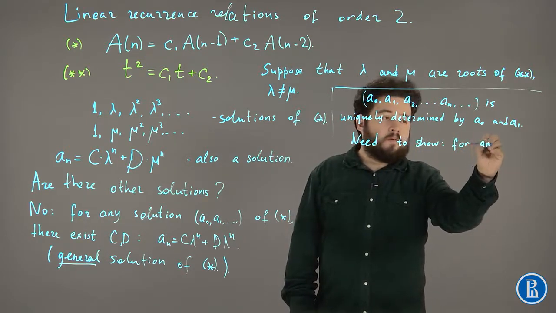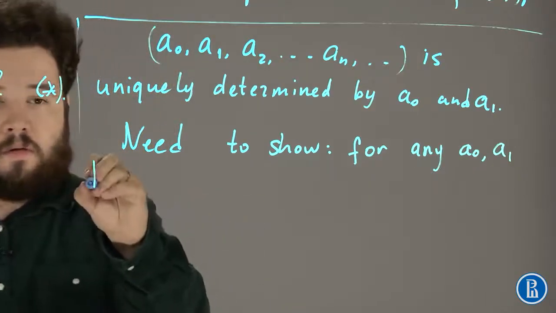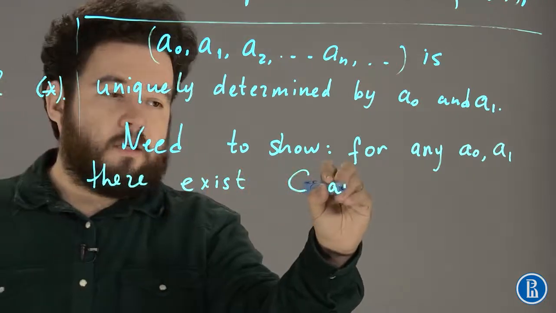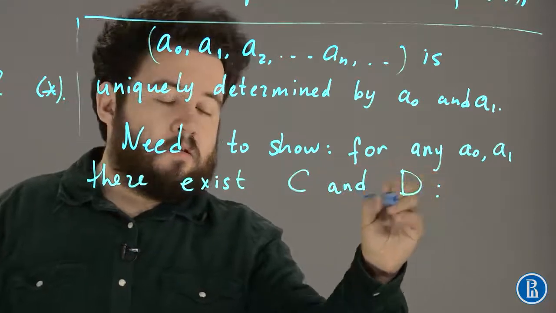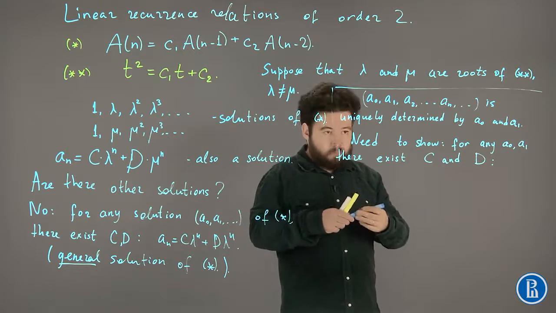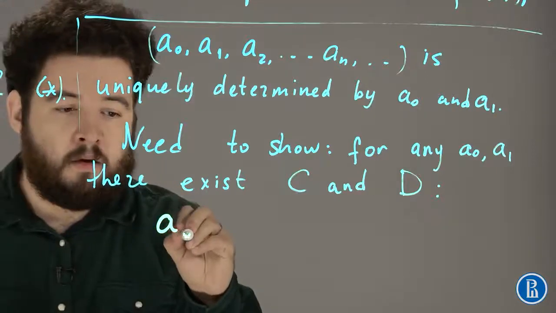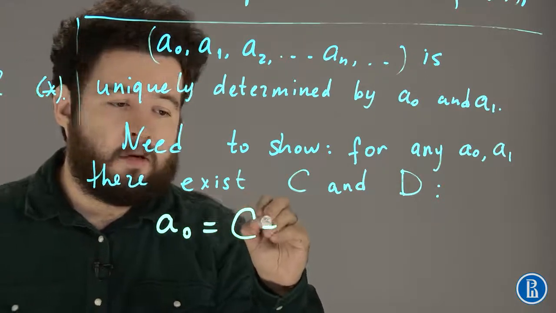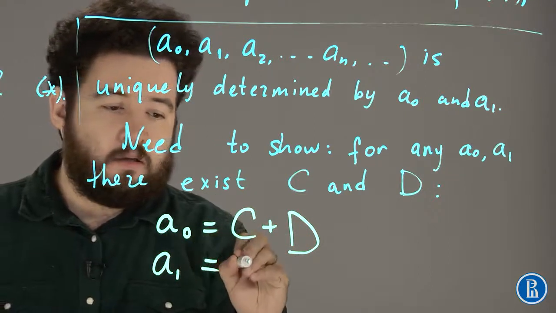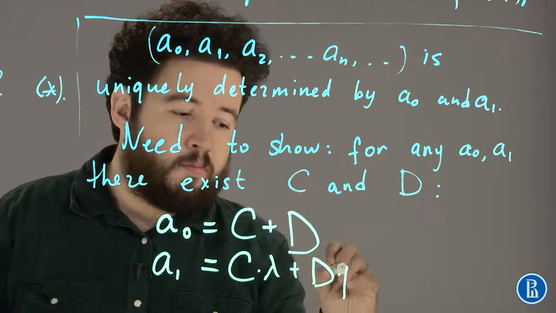That means that a0 is C plus D, and a1 is C times lambda plus D times mu.